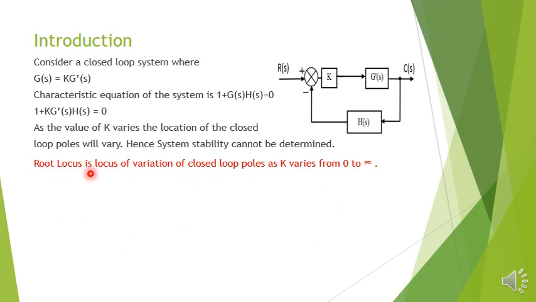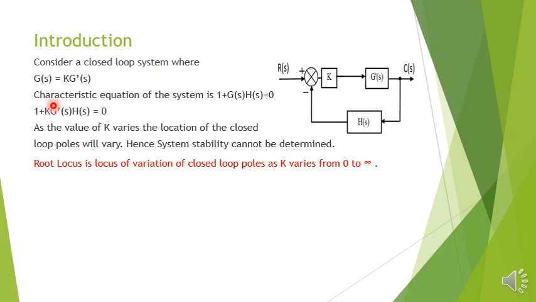Root locus is the locus of the variation of closed loop poles as K varies from 0 to infinity. As I said, this characteristic equation will have many sets of closed loop poles, depending on the value of K, infinite sets. K equal to 0 gives one set of closed loop poles, whereas K equal to 1 gives another set.